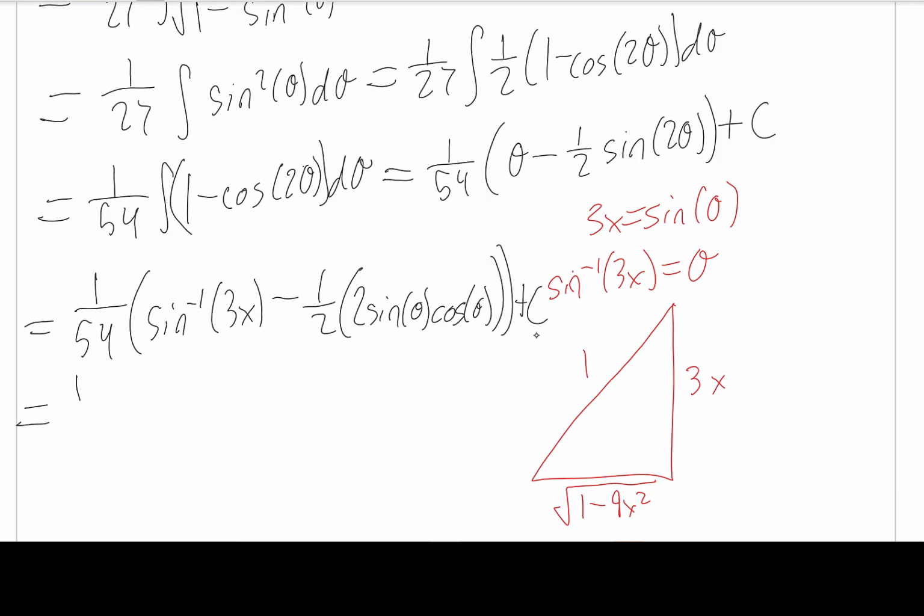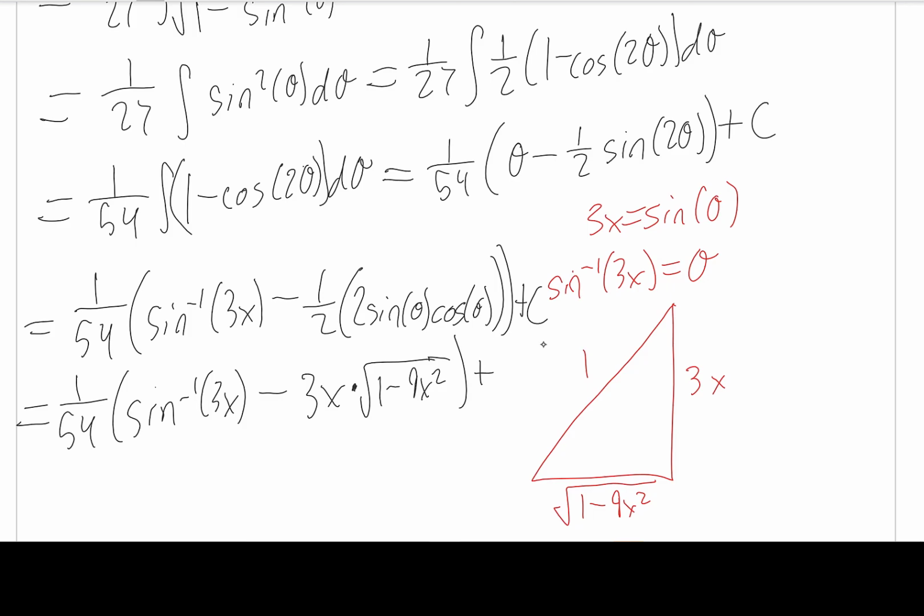So this is 1 over 54 times sine inverse 3x. Our 1/2 and 2 will cancel with each other. So I have minus sine theta, which is going to be 3x, times cosine theta, which will be the square root of 1 minus 9x squared. And then this will give us our answer.